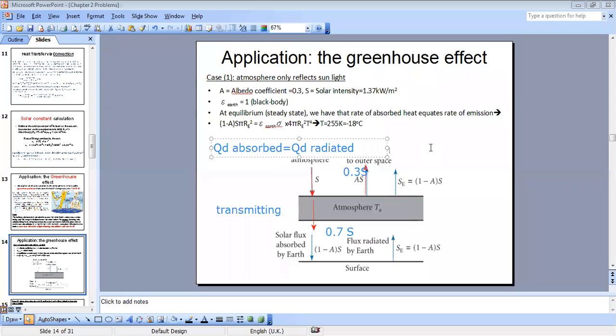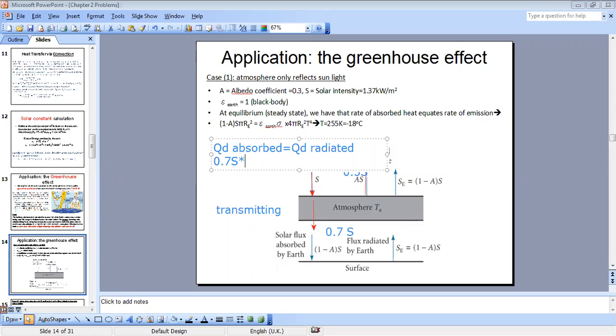So now we have Q dot absorbed equal to Q dot radiated. Now, what is the absorbed flux? As we did the analysis together, what is the solar incident? The incident intensity is not 100% of the solar intensity, it's 0.7 S. So to calculate the absorbed flux, it's 0.7 S times the area absorbing this flux.